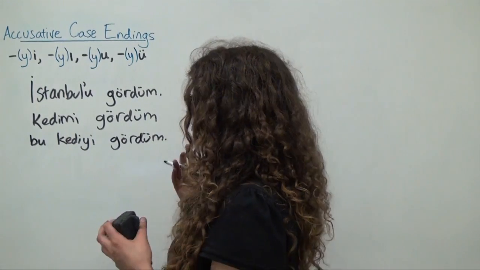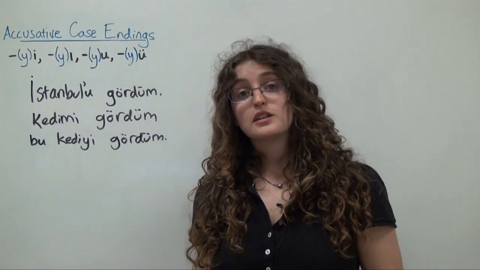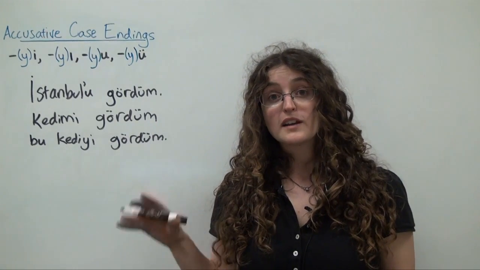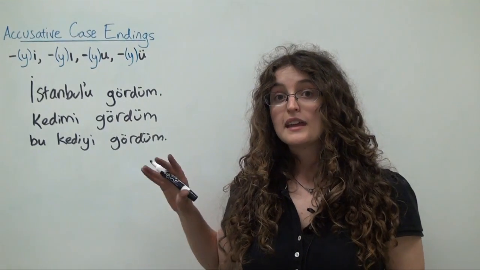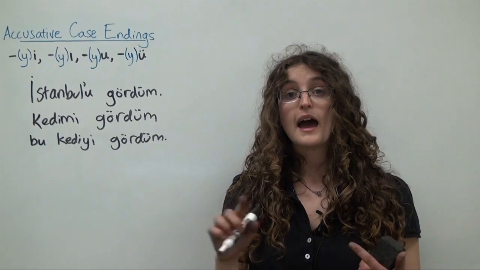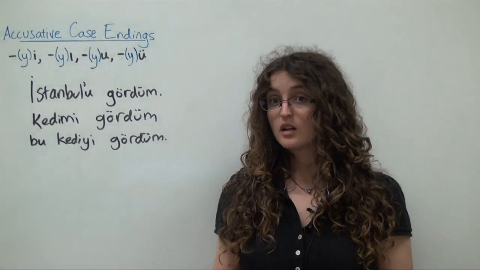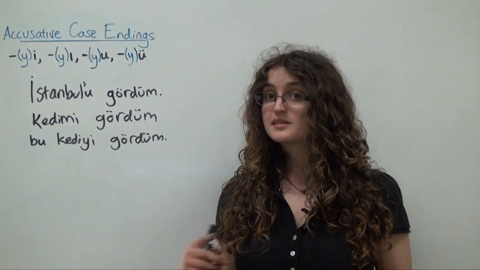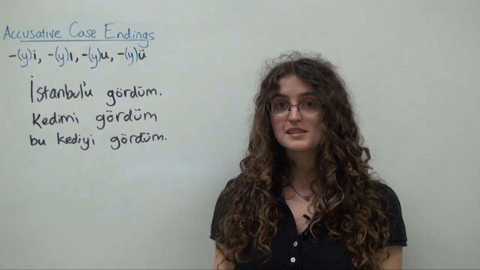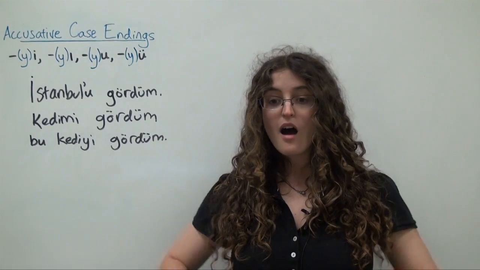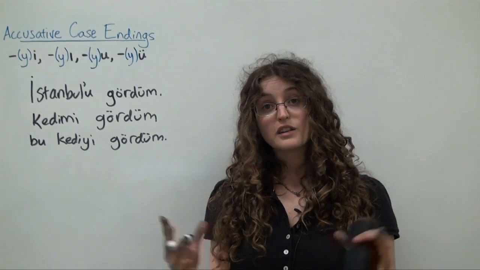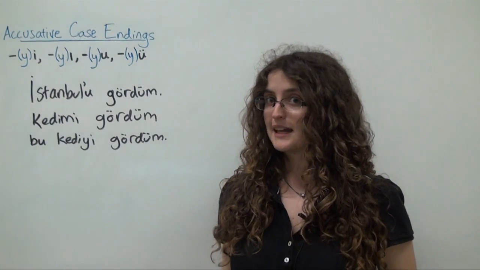We also need to use the accusative case ending when our direct object is modified by her, every, bütün, all, or bazı, some. So if I want to say I saw all the cats, that phrase, all the cats, will need an accusative case ending.